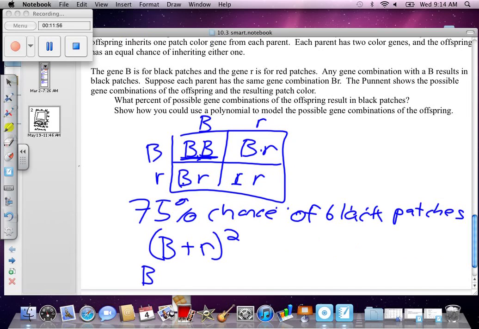We've got B squared, which is the same thing as B times B, plus how many BRs are there? 2 BRs, and how many RRs? 1. Okay? It's exactly like this pattern right here. And there will be a problem just like this on your homework.